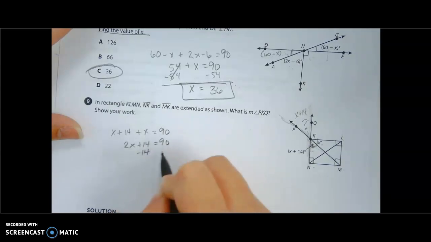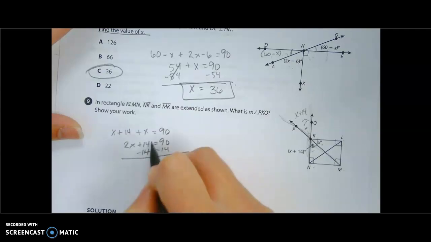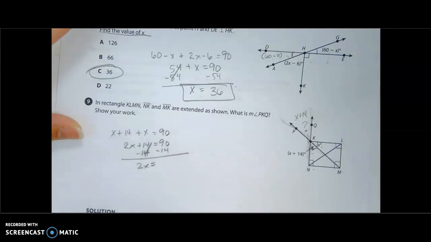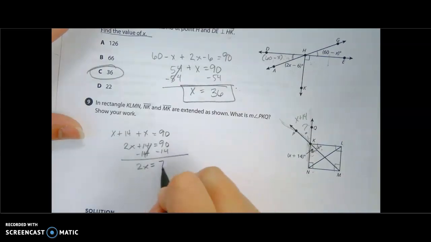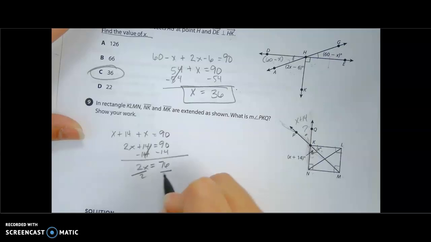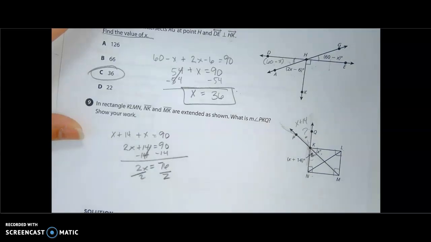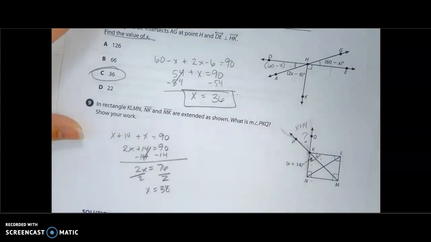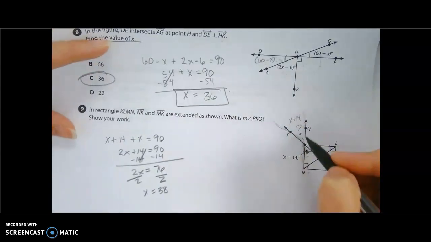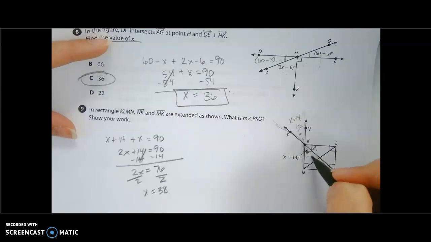Subtract the 14. 2x will equal 76. Divide by 2. And 76 divided by 2 is 38. So right now I know that x is 38. I need to find this angle. I know it's the same as this angle.